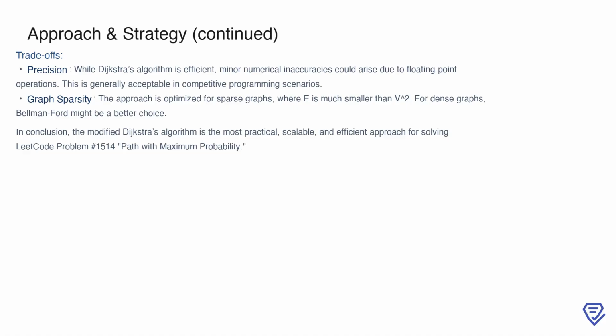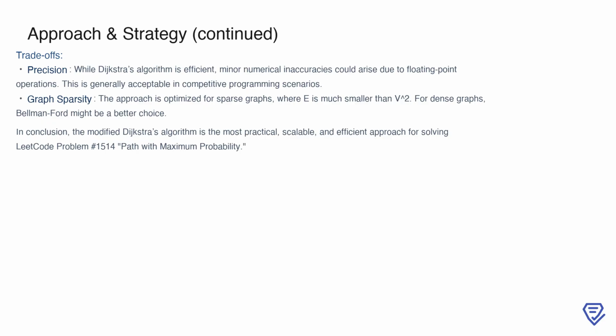One consideration is precision. Since it relies on floating point arithmetic, small numerical inaccuracies could arise, though these are typically acceptable within the context of competitive programming. Another factor is graph sparsity. This approach is highly optimized for sparse graphs, where the number of edges is significantly smaller than the square of the number of vertices.